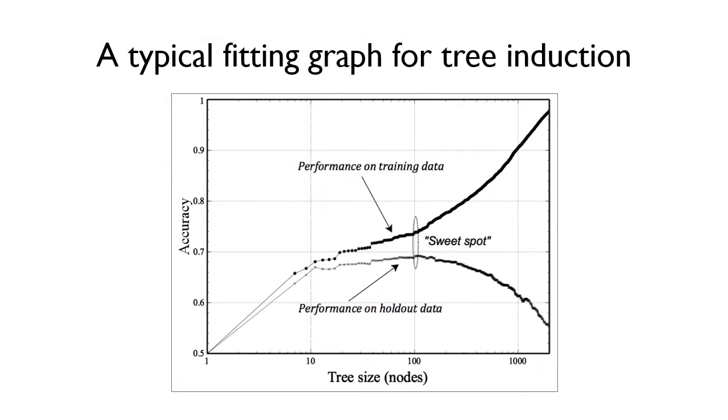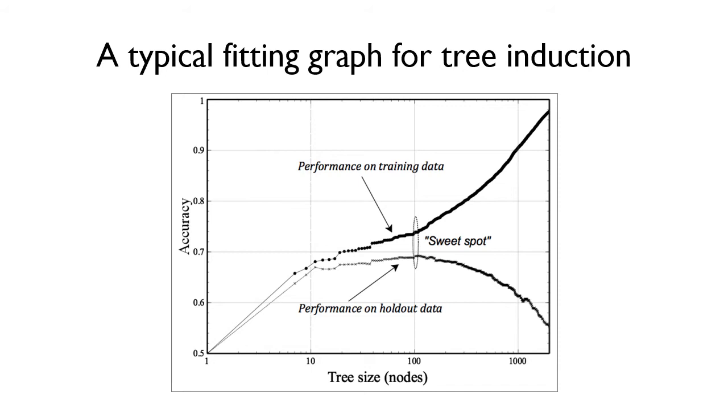Here we have a typical fitting graph for tree induction. Beginning at the left, the tree is very small and has poor performance. As it's allowed more and more nodes, it improves rapidly, and both training set accuracy and holdout set accuracy improve. Also, we see that training set accuracy always is at least a little better than holdout set accuracy, since we did not get to look at the holdout data when building the model.